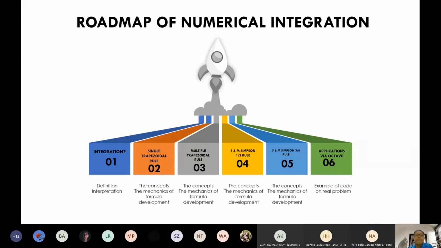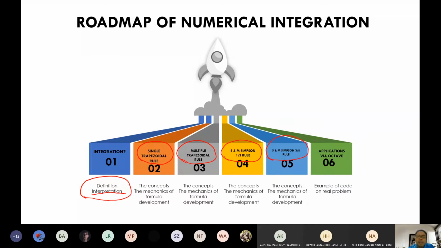Okay, alhamdulillah. This is my roadmap in order to understand this topic. First of all, we have to know the definition of integration, and also the interpretation of integration. Once we know this definition, then we can appreciate the methods that we want to learn after this, which involve the single trapezoidal rule, multiple trapezoidal rule, single and multiple Simpson 1/3 rule, and the last one, single and multiple Simpson 3/8 rule.